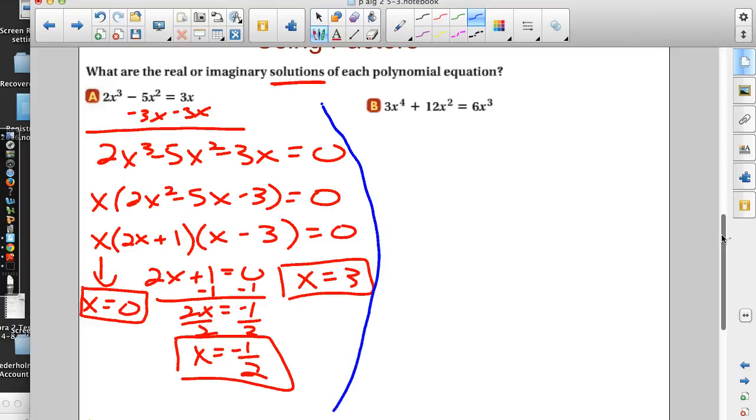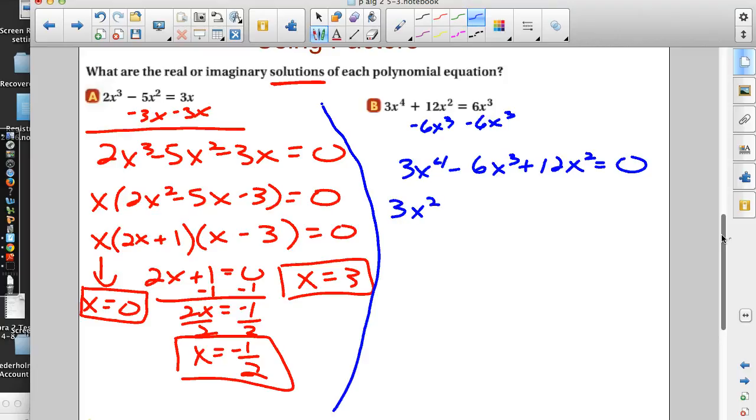What's wrong with it? Yep, let's move it over. What do we do with that? x squared, everybody okay with that? All right.